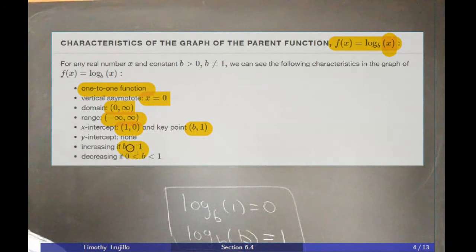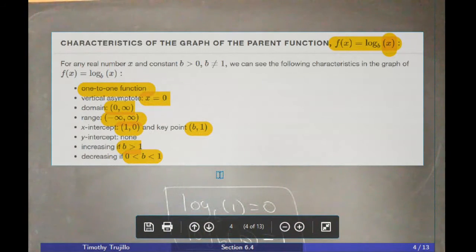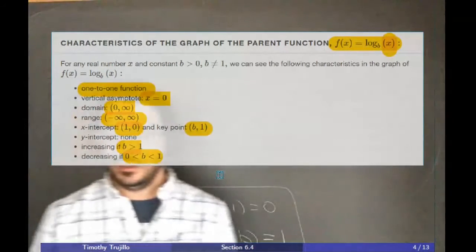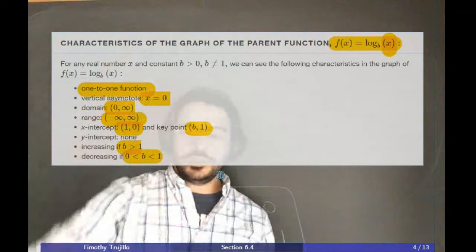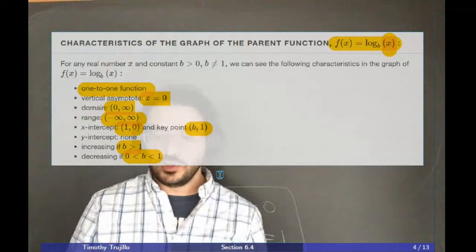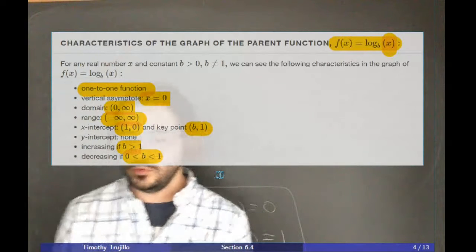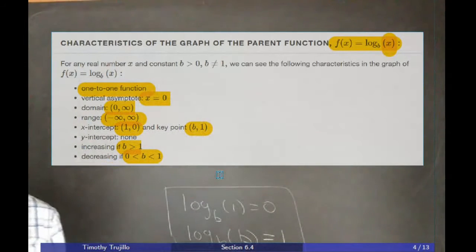If b is bigger than 1, it'll be increasing, and if b is between 0 and 1, it's decreasing, the same as for the corresponding exponential function. And there will never be a y-intercept, because there is a vertical asymptote where x is equal to 0.